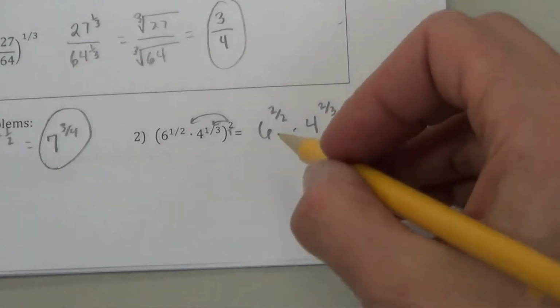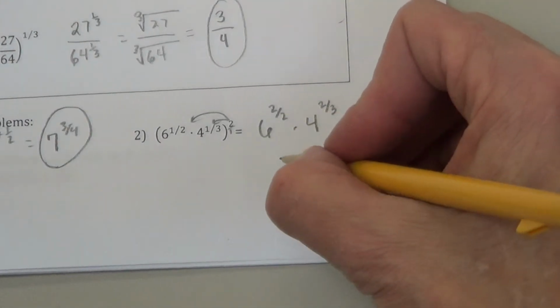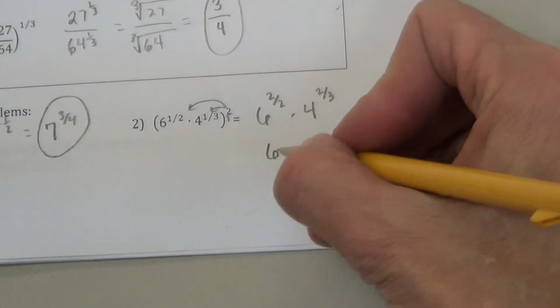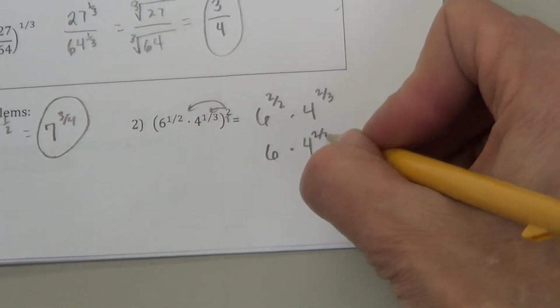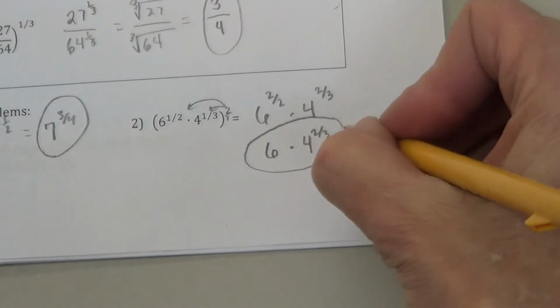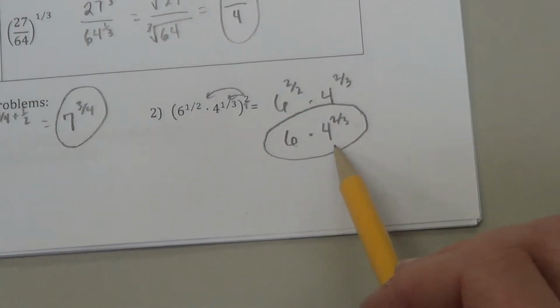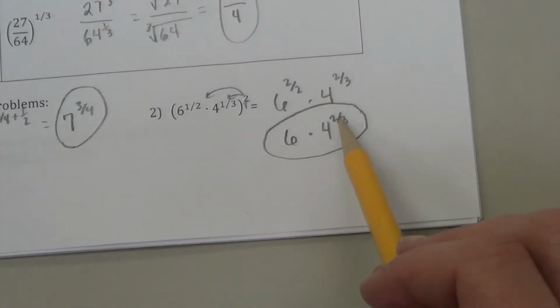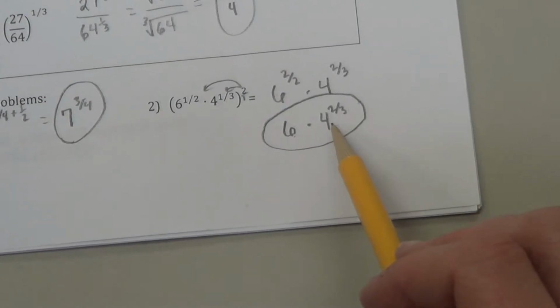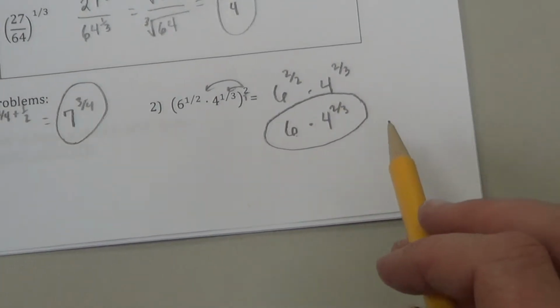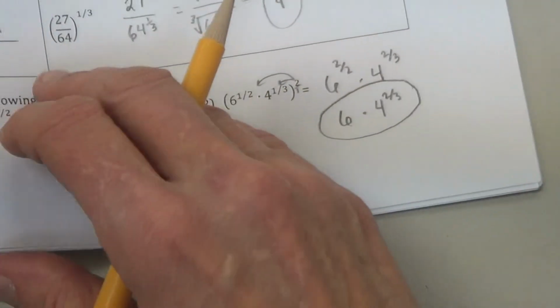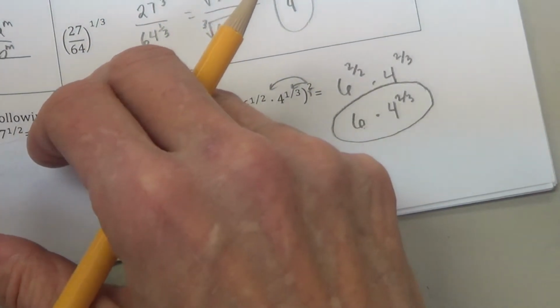Okay. 6 to the 2 over 2 is the same as 6 to the first, so we'll just write 6 times 4 to the 2/3. You can't multiply those before you raise that to the exponent, and I wanted an exact answer, so I don't want you to raise it to that exponent because that would cause you to have to use a calculator and you would end up rounding.